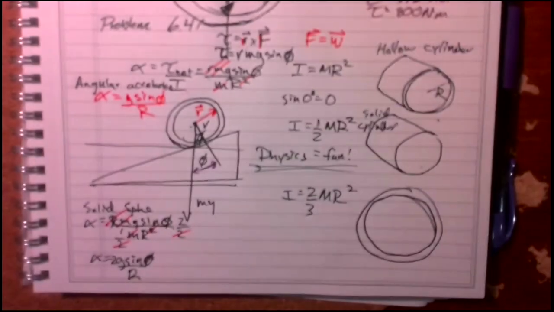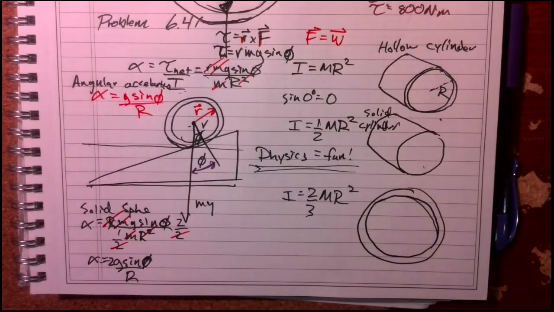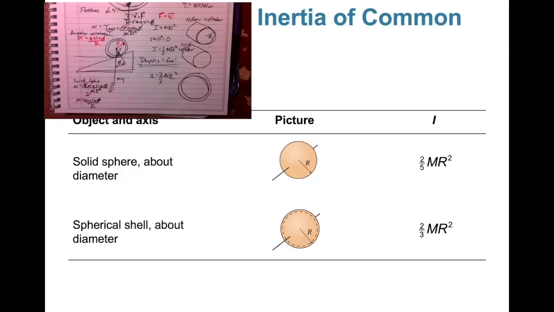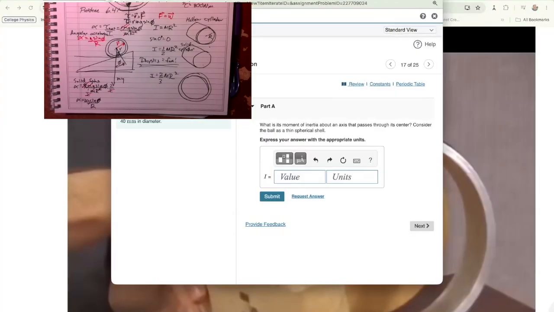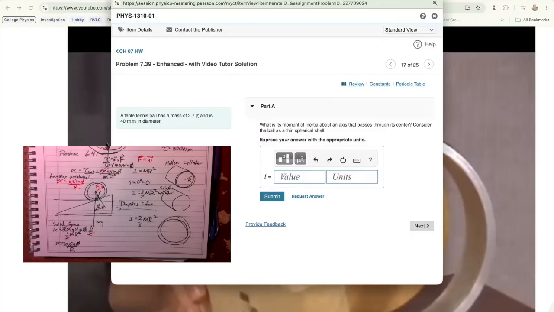All right, let's look at this problem. Another problem, but we will find a solution. A table tennis ball has a mass of 2.7 grams and is 40 millimeters in diameter. What is its moment of inertia about an axis that passes through its center?